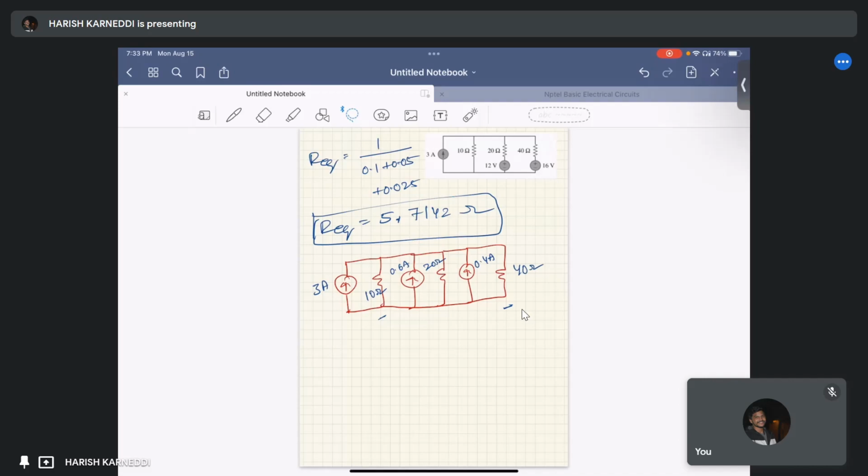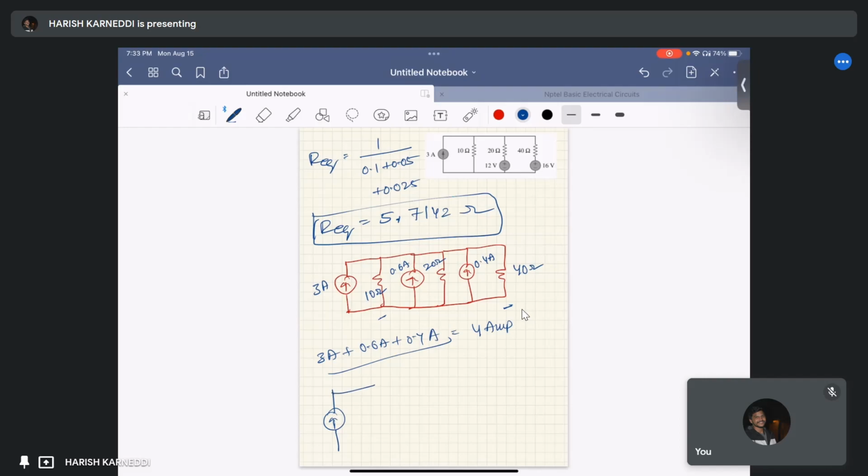That is 3 amp plus 0.6 amp plus 0.4 amp equal to 4 amperes.